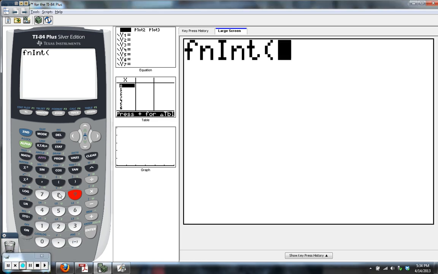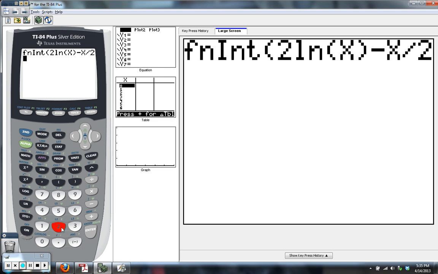And we're going to have 2 natural log of x, close that parenthesis, minus x over 2, and there's our function, comma x, comma, and then we're going from 2 to 8. Close the parenthesis, and that's it.